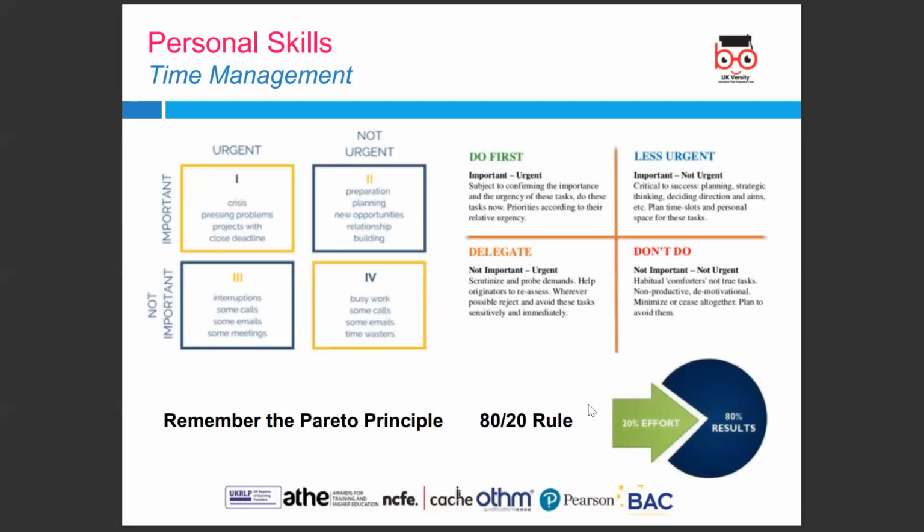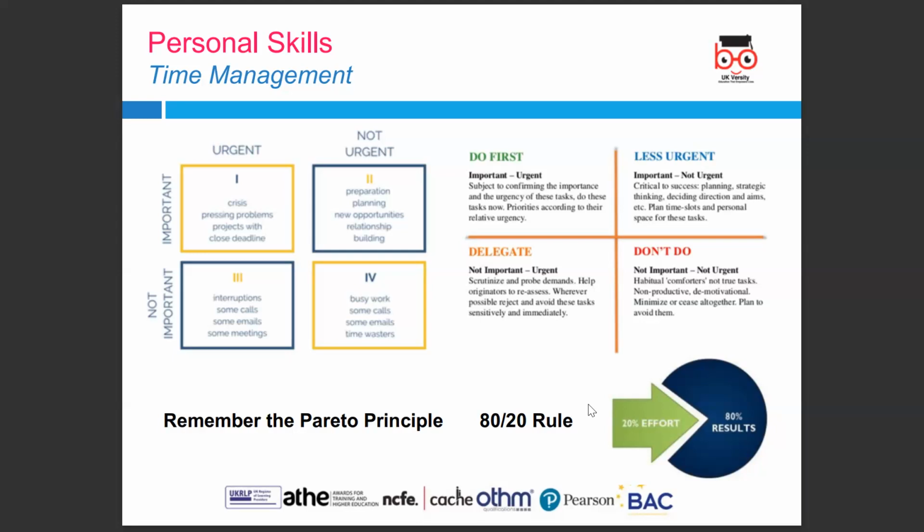So personal skills: time management, a really important personal skill to have in place. The important bit, number one, if you look at it, is important crisis, pressing problems, projects with close deadlines. Number two, not urgent: preparation, planning, new opportunities, relationship building. Number three, not important: interruptions, some calls, some emails, some meetings.